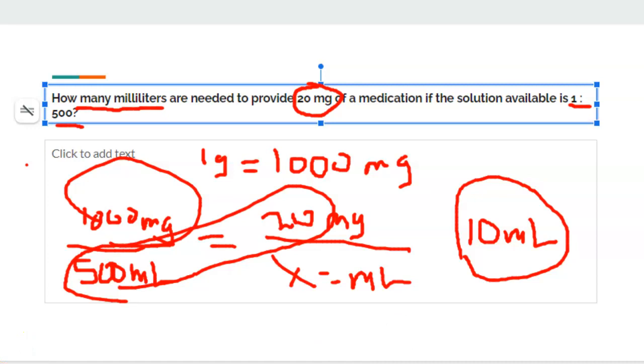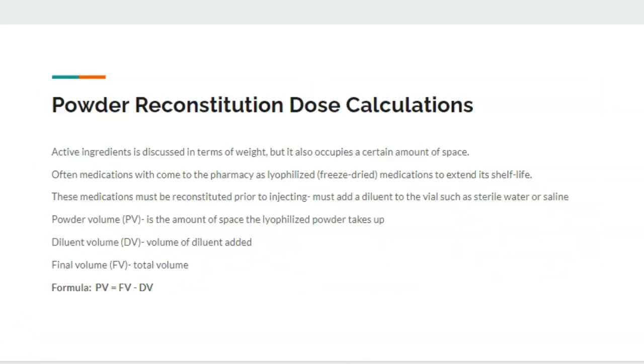Okay, moving on to the next problem: powdered vial dosing. Powdered vial constitution dosing isn't very common. I don't know if you will have to do this, but you never know what they're going to cover on the PTCB. When you look at a powdered vial, we receive the medication lyophilized.